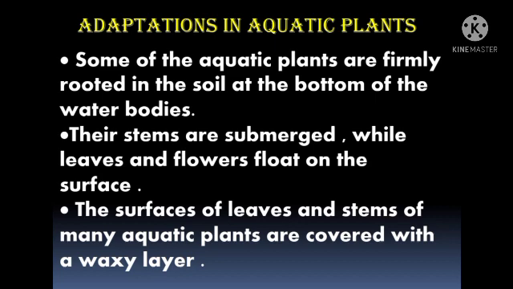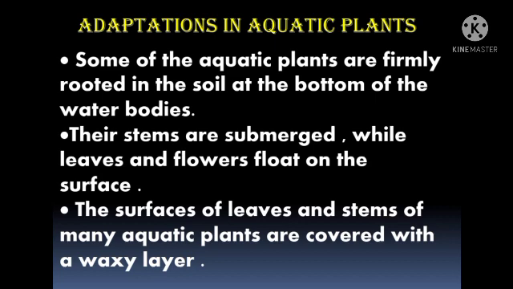Some of the aquatic plants are firmly rooted in the soil at the bottom of the water bodies. What does it mean, students? Firmly rooted means their roots are deep into the soil. Next, their stems are submerged while leaves and flowers float on the surface.